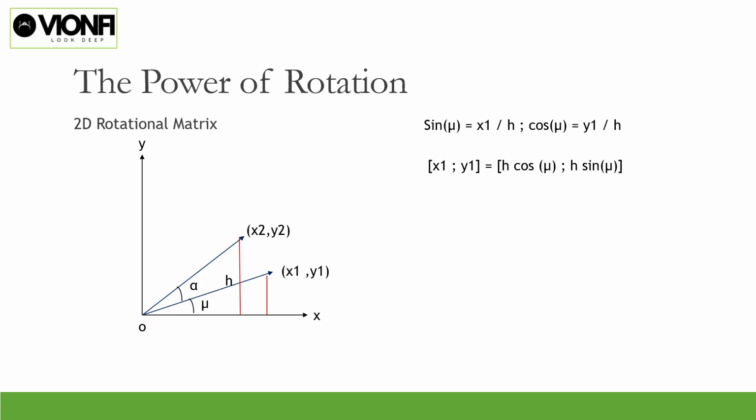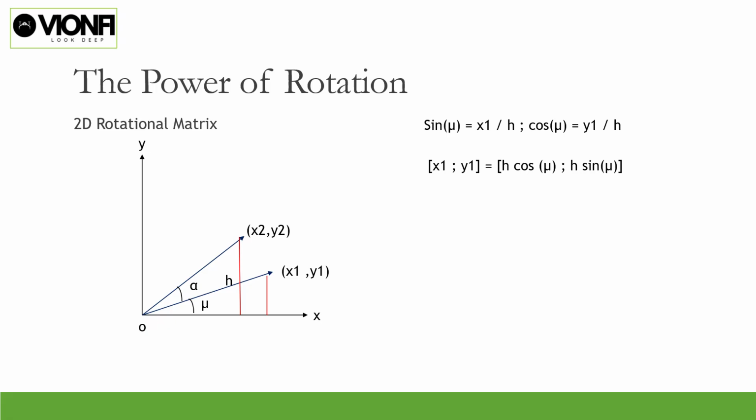You put it into the 2D vector form, in which you end up getting x1 y1 equal to h cos mu, h sine mu. Now the same applies for the point x2 and y2, but here instead of taking a separate angle, you will take alpha plus mu.